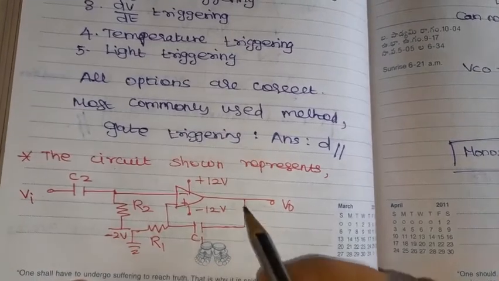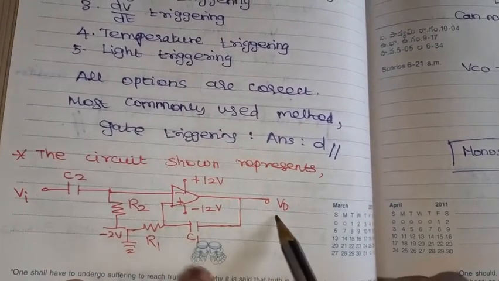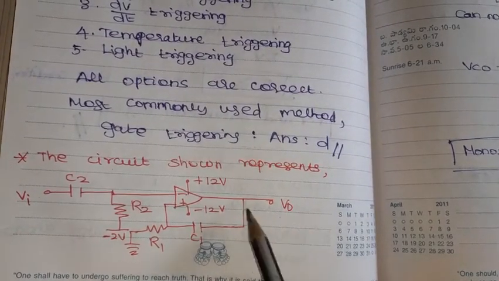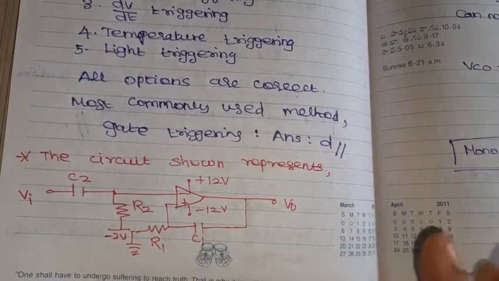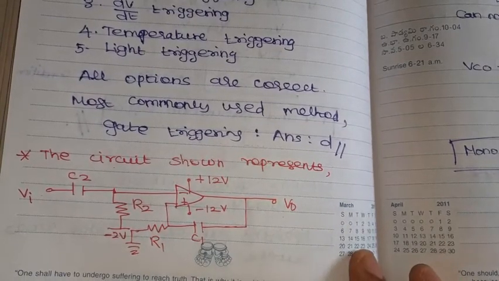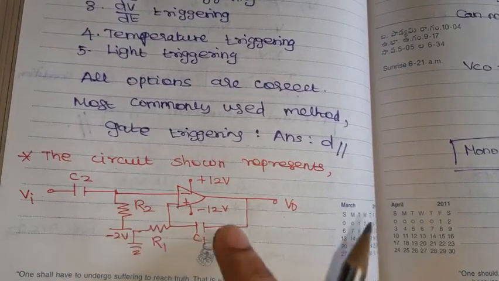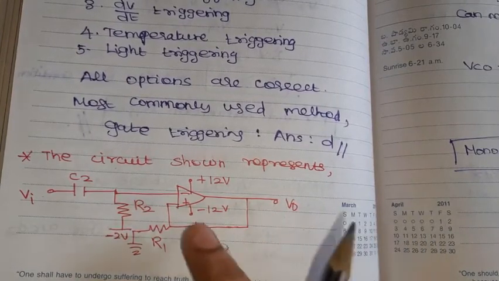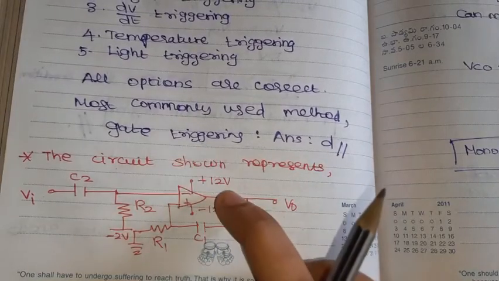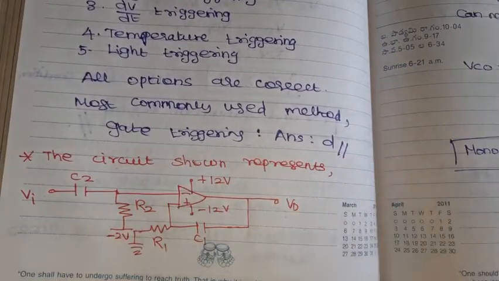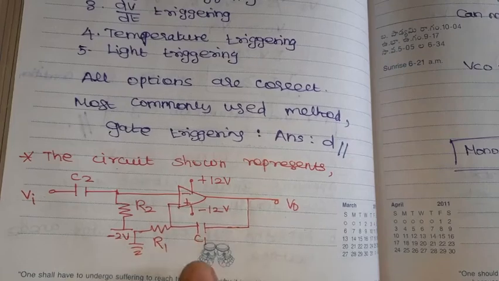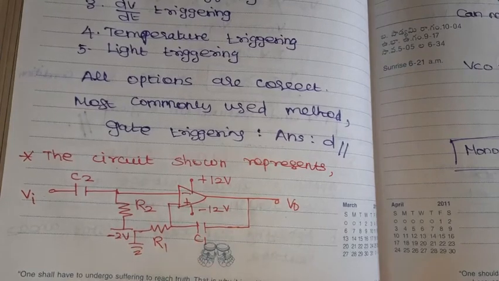Whenever V0 is taken to the non-inverting terminal, it means that it is a positive feedback. Can you get it, guys? Whenever V0 is taken to the non-inverting terminal, it is called positive feedback. If it is taken to the inverting terminal, it is known as negative feedback. So which all come under positive feedback?